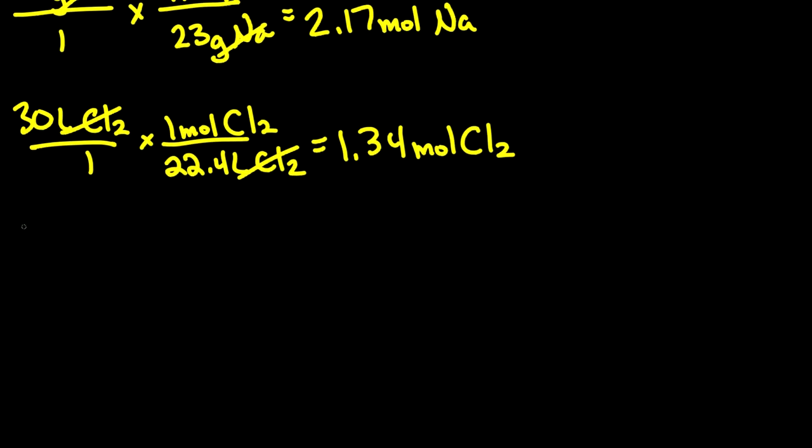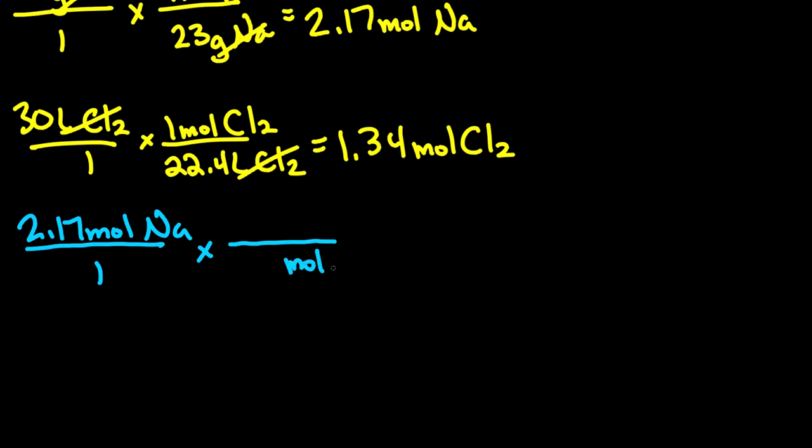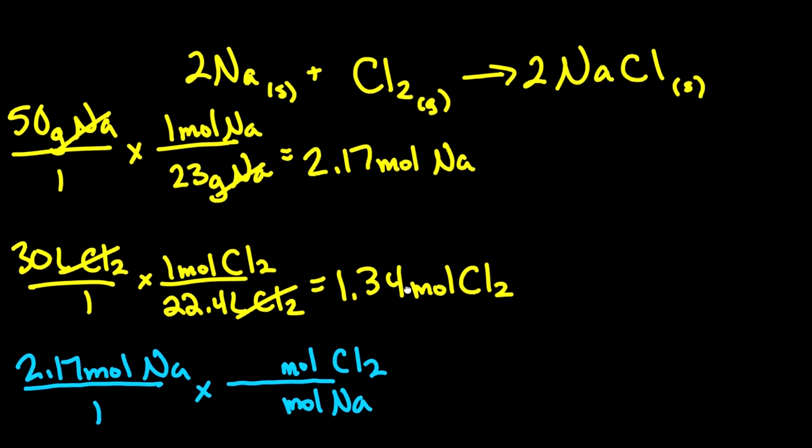The question is, if I have 2.17 moles of sodium, how many moles of chlorine gas will I need to fully react this amount? So let's set up that proportion. So since moles of sodium is on top, moles of sodium go on bottom, and I'm changing it to moles of chlorine, so it goes on top. Now I need some values here. That's your balanced equation. So we go back up.